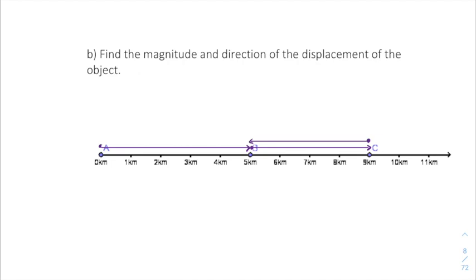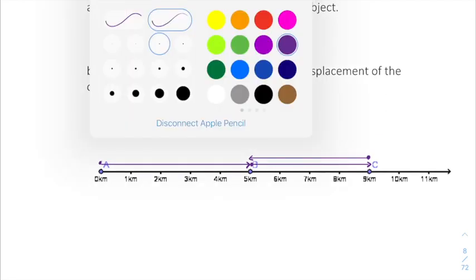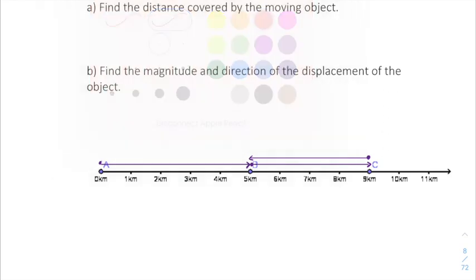All right, so the first distance here, without thinking about values at all, we have 5 kilometers from 0 to 5. Then 5 to 9, that would be another 4 kilometers. And then from 9 to 5, we would have another 4 kilometers.